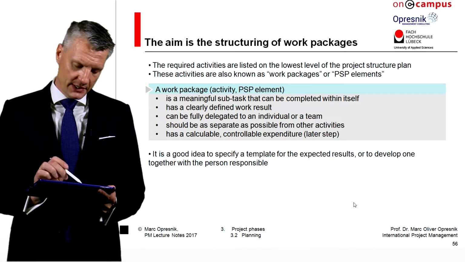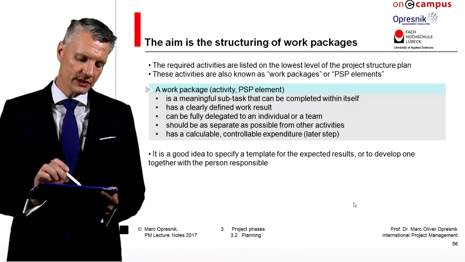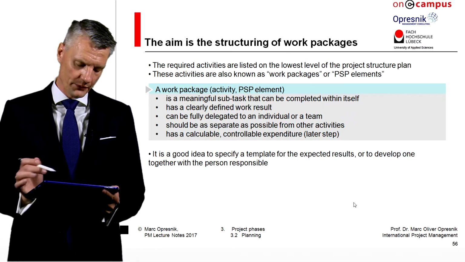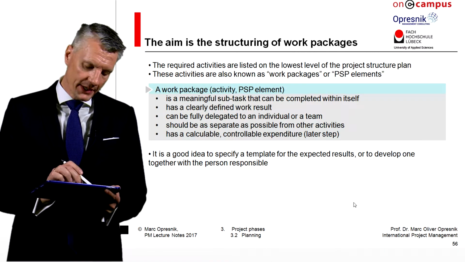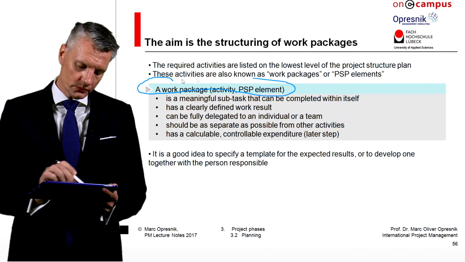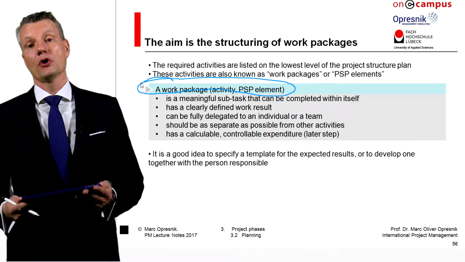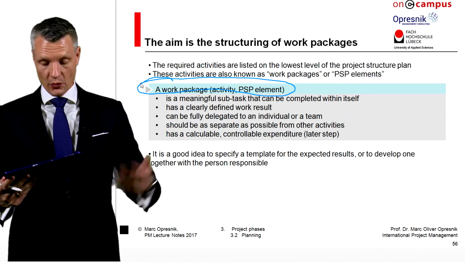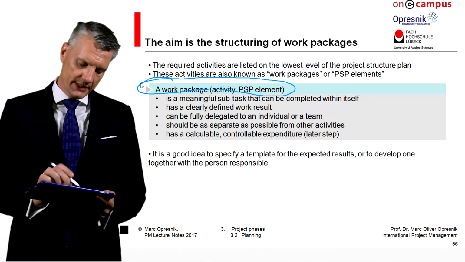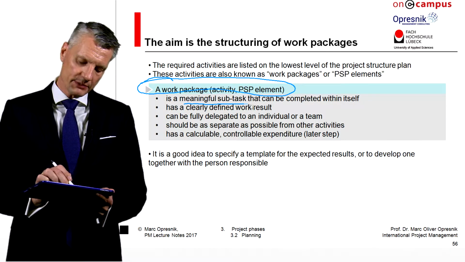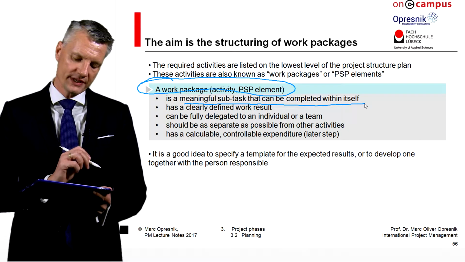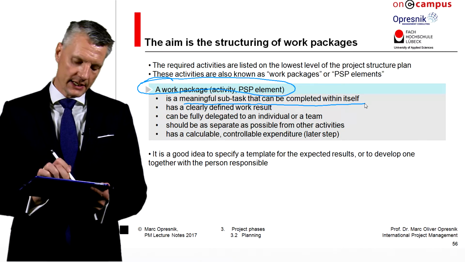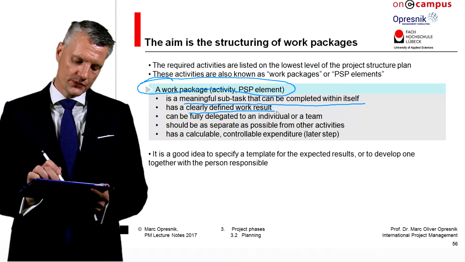So the aim is basically the structuring of the project into subtasks, work packages and tasks, and you need to specify different characteristics for each element being involved. So a work package, being an element of the WBS, the work breakdown structure, is a meaningful subtask that can be completed within itself. It has a clearly defined result.